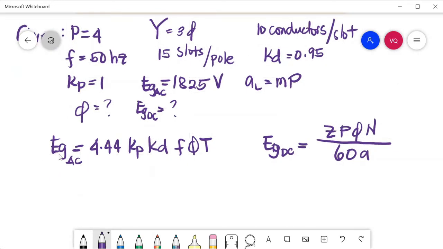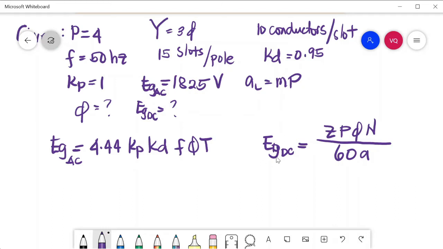For the generated voltage in AC, we have 4.44 kp kd, frequency, flux per pole multiplied by the number of turns of conductors. While in DC, we have the generated voltage is equal to number of conductors multiplied by the number of poles times flux per pole times speed divided by 60A.